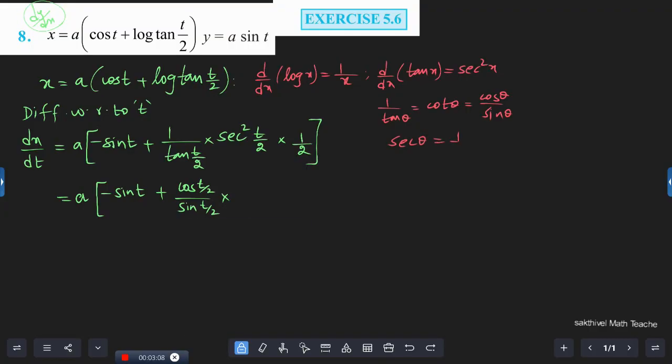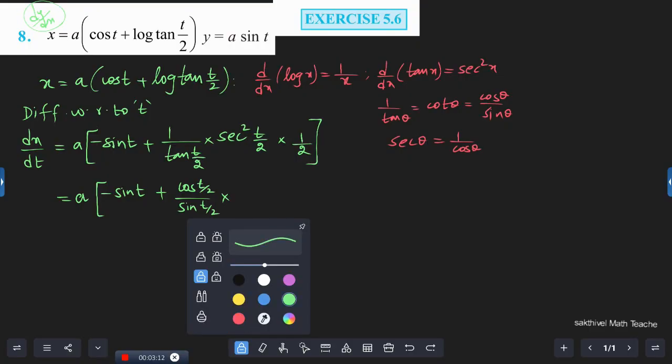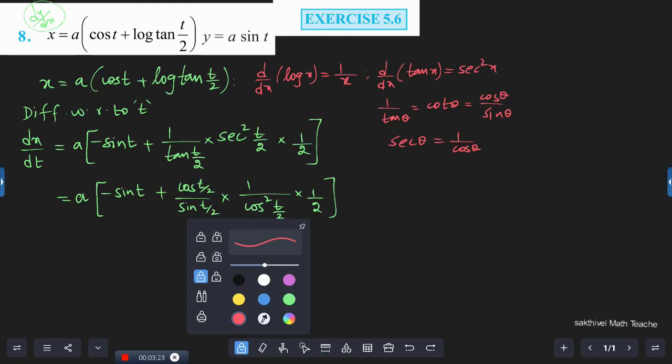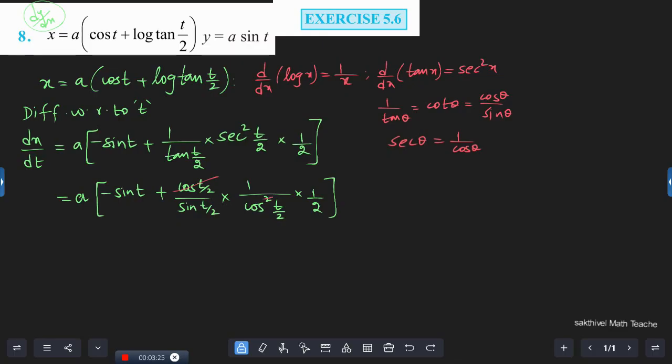Secant theta is equal to 1 divided by cos theta. So secant square, what I am getting is 1 divided by cos square t by 2, into 1 by 2. Now what is possible to cancel? One cos cancels.